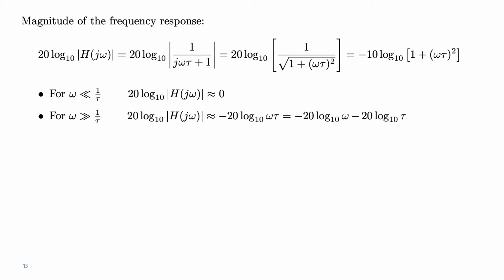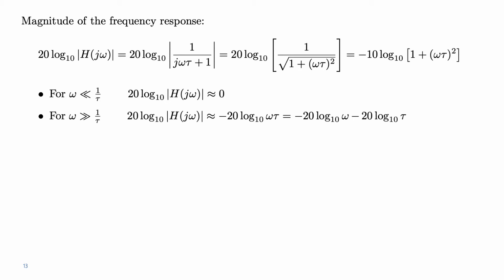We obtain 1 over the square root of the square of the real part plus the square of the imaginary part. And then we notice that the square root inside the log contributes a factor 1/2 outside the log, and the fact that it's at the denominator contributes a factor -1 outside of the log. So long story short, in the end we obtain minus 10 log 10 of 1 plus (omega tau) everything squared.